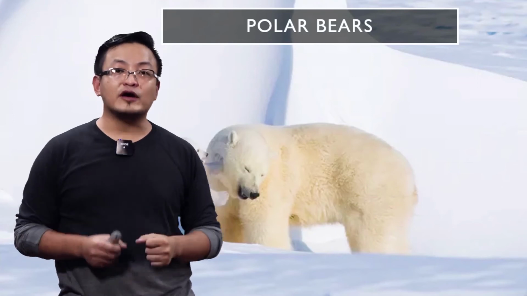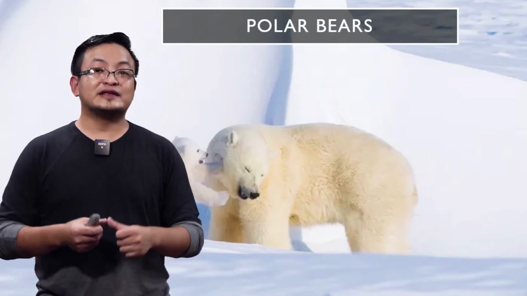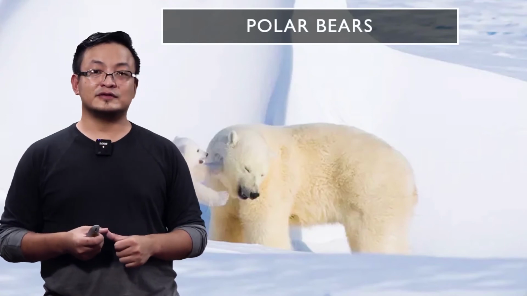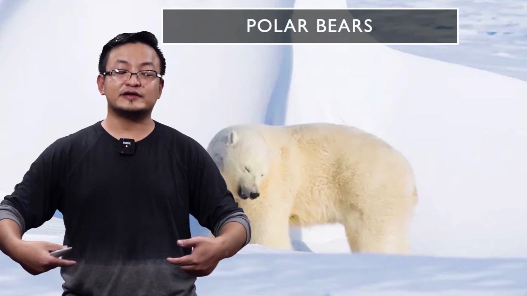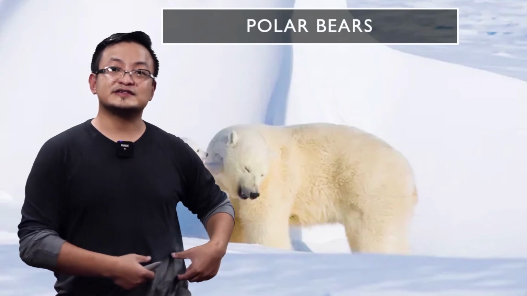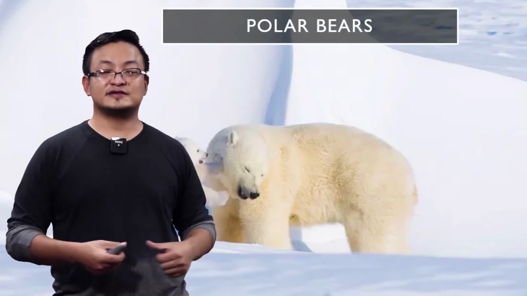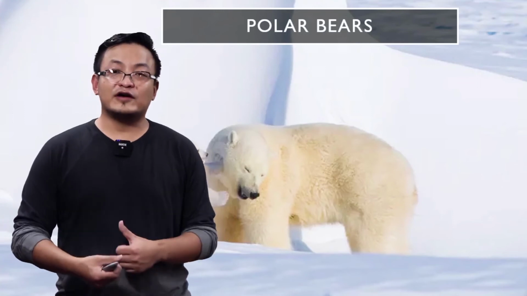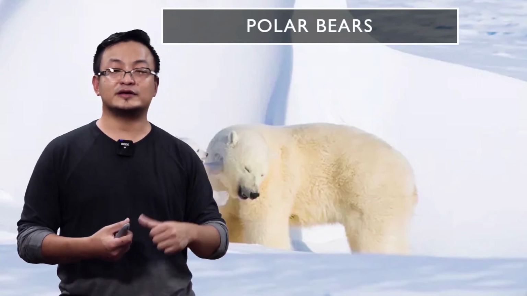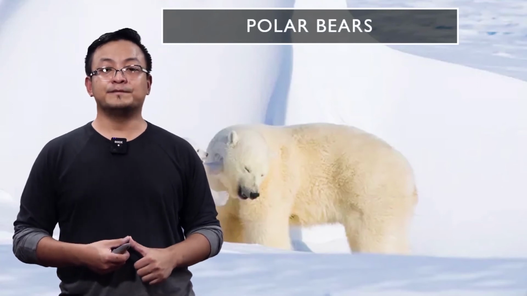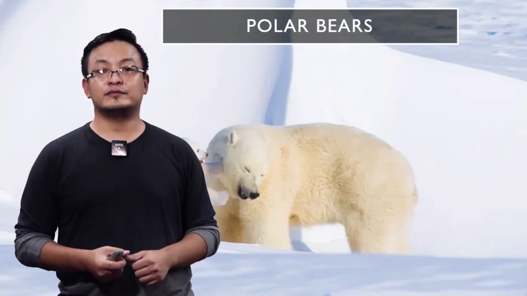Because if they walk fast, what will happen? There will be an increase in heat, because inside they are well insulated. Inside there is a layer of fat. So if they walk fast, heat will increase and it will be harmful for their body. So that's why they walk very, very slow.